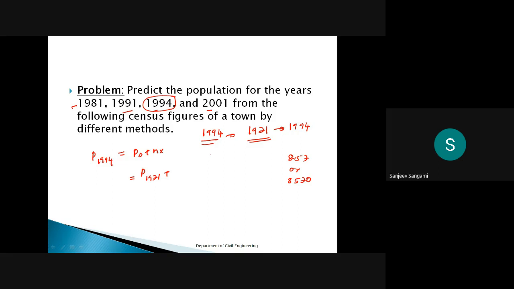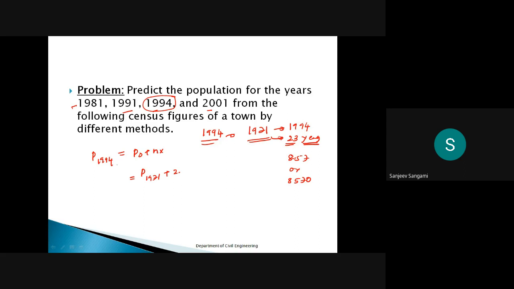So the total difference is 23 years. Then to calculate the value of n, for 23 years it will be 2.3 decades. That I have to substitute.